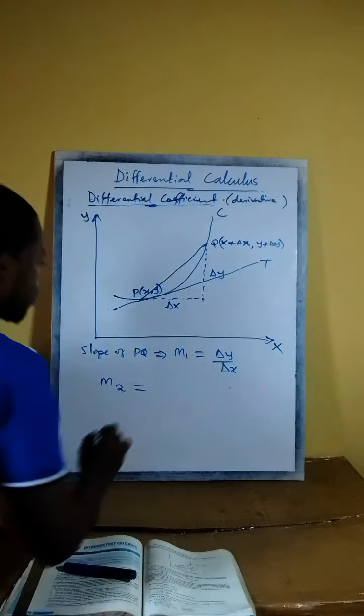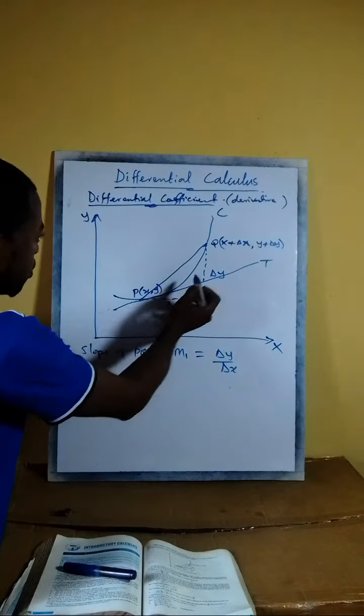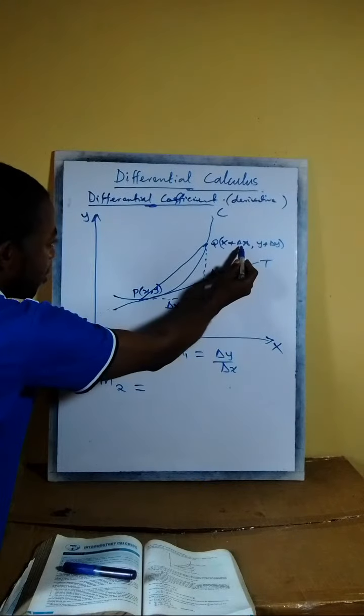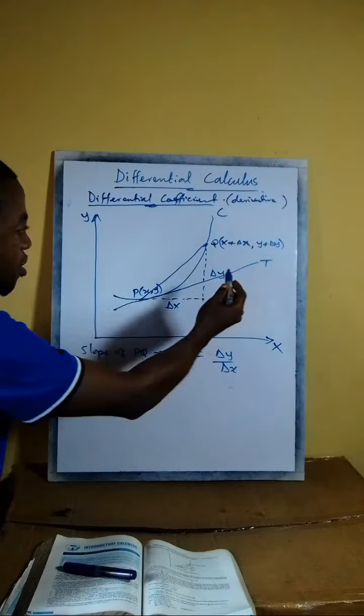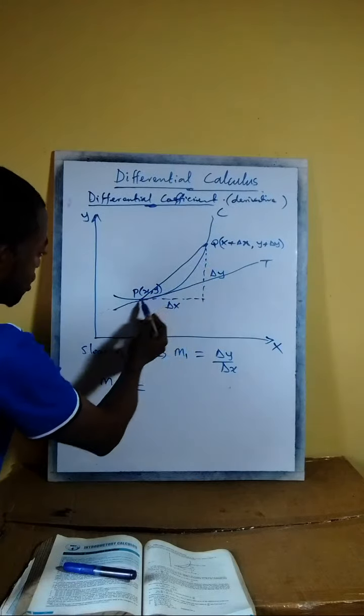Then this will be equal to, we can get that from this PQ, as this delta x tends to 0. That is, this line PQ will coincide with this tangent.